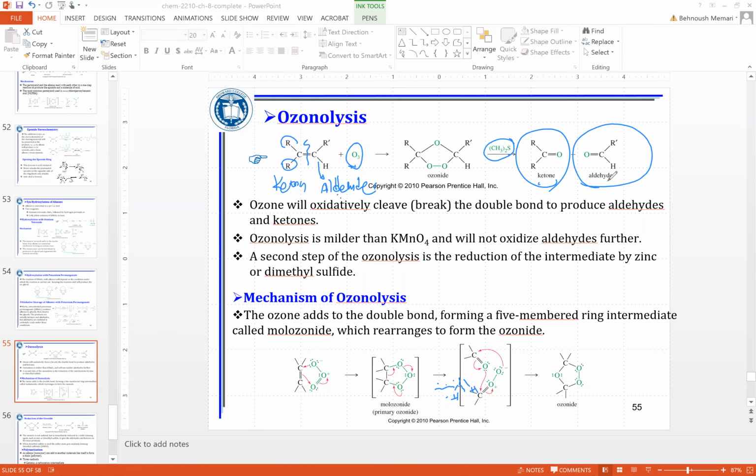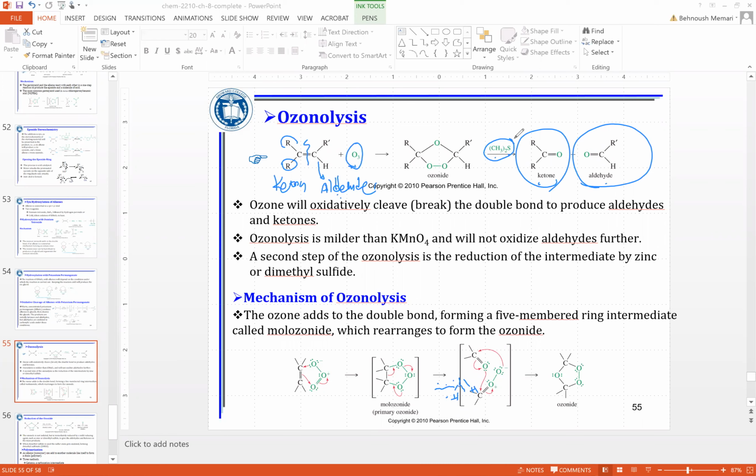So you get a ketone plus an aldehyde. In organic chemistry, when you're preparing an aldehyde, ozonolysis is one of the methods, with the condition that you use the proper solvent.